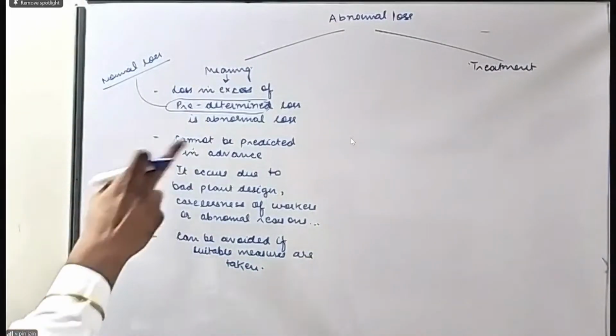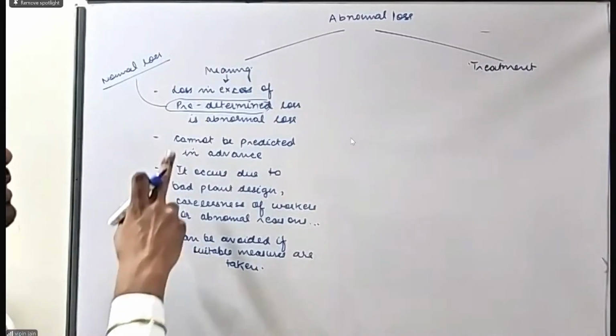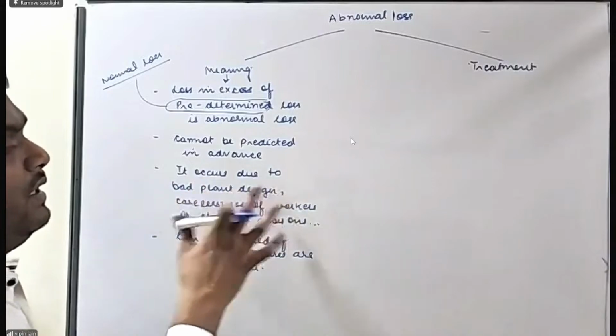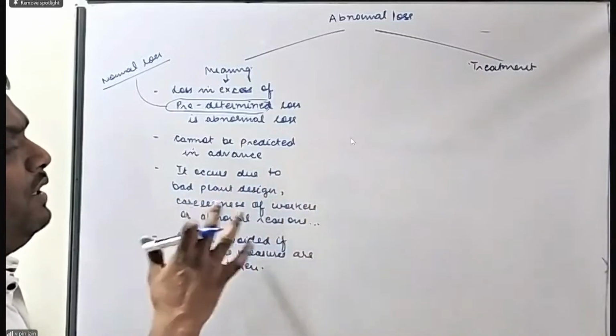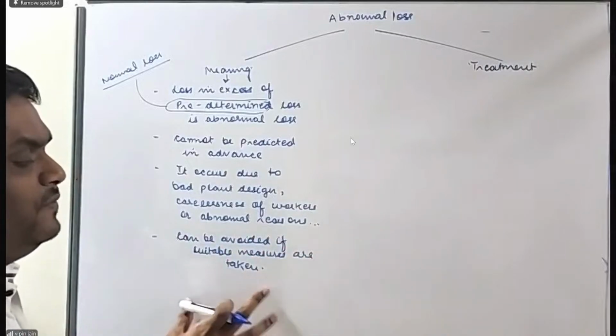So we can say loss in excess of predetermined loss is abnormal loss, cannot be predicted in advance. It occurs due to bad plant design or carelessness of workers or some abnormal reason, and can be avoided if suitable measures are taken.